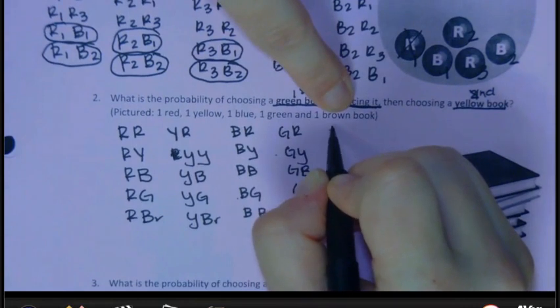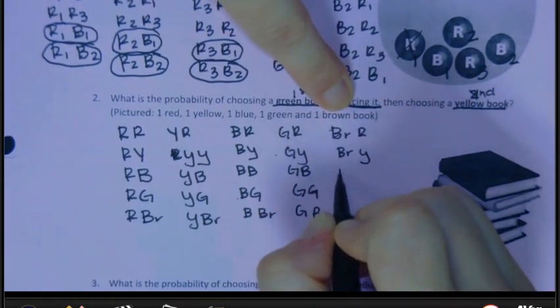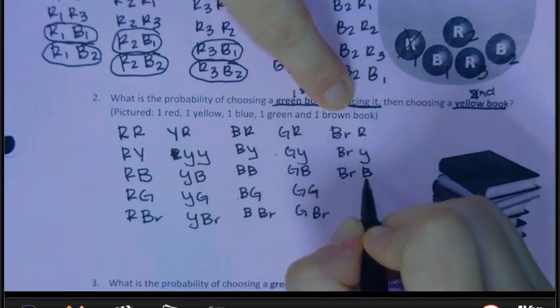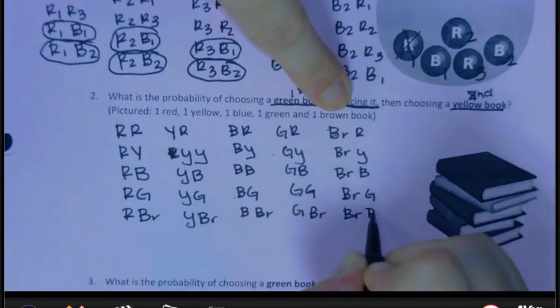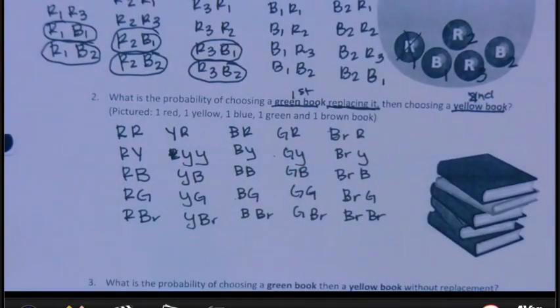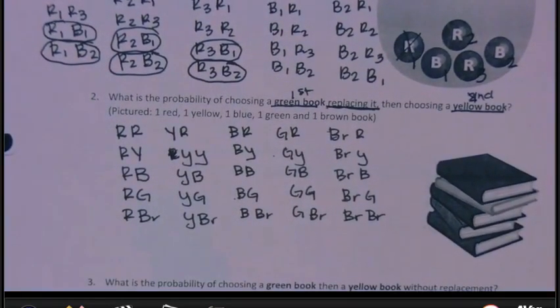Then I can have brown, red, brown, yellow, brown, blue, brown, green, brown, brown. Okay, I've created my entire organized list.